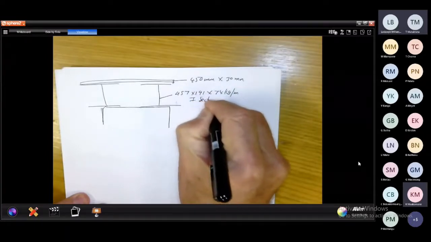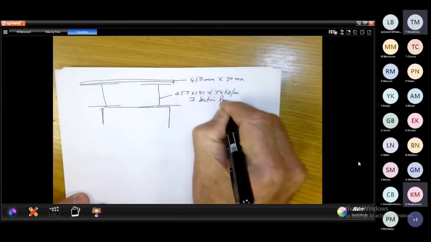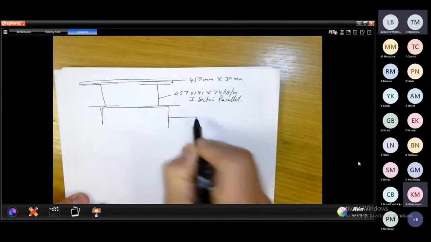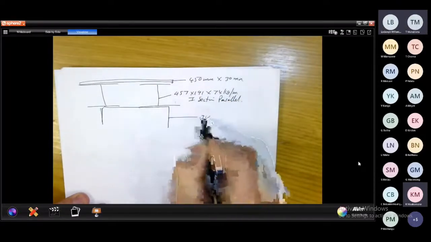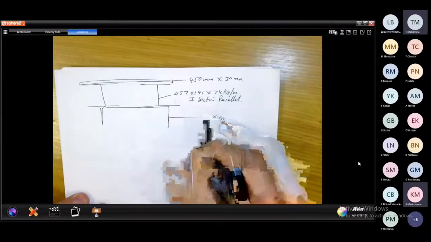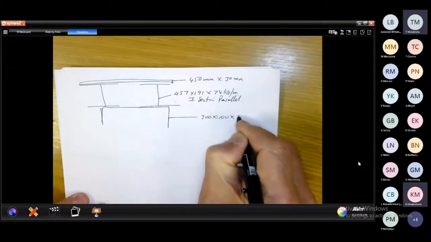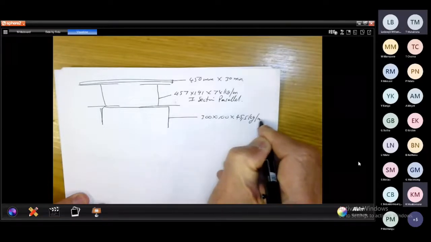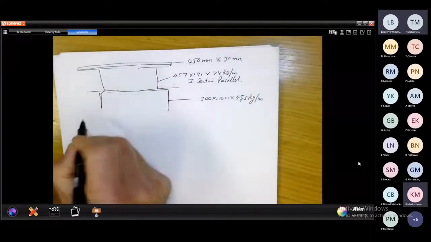I section parallel. And then you have a channel here, 300 by 100 by 45.5 kilogram per meter.